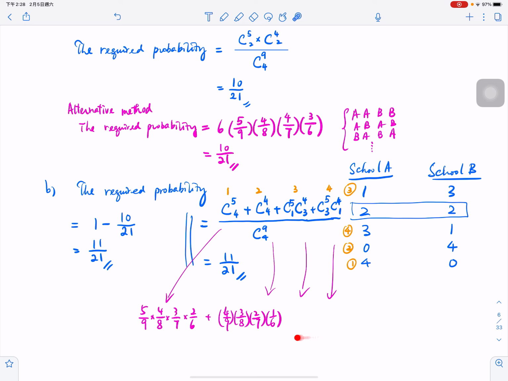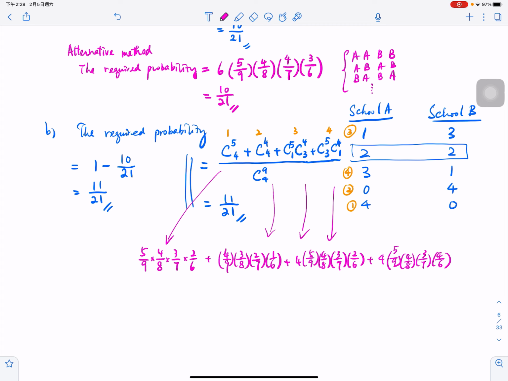But if you think of it as a fraction, you need to think there are 4 cases for each one. 5 over 9, 4 over 8, and the next one, 2, and the last one is 2. And also this one is 4, and then 5 over 9, 4 over 8, 3 over 7, and then 4 over 6.